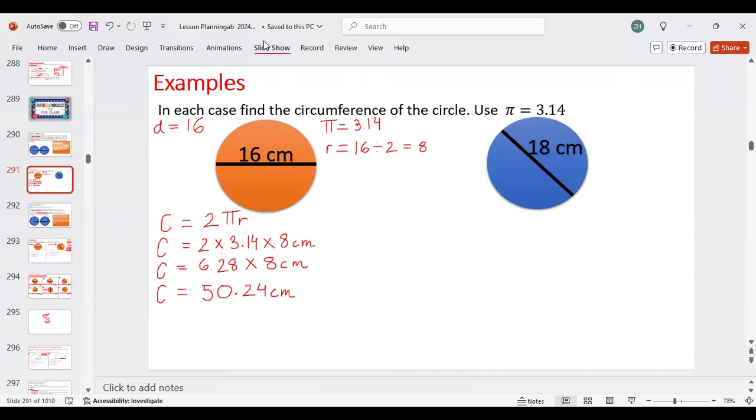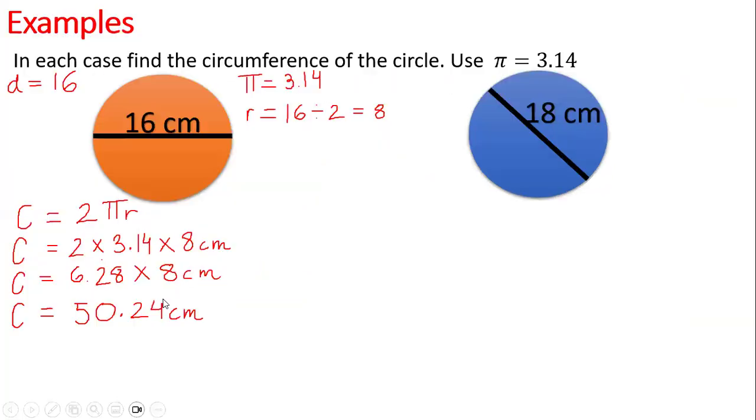What is pi in this question? Pi is 3.14. That's good. What is the diameter in this question?